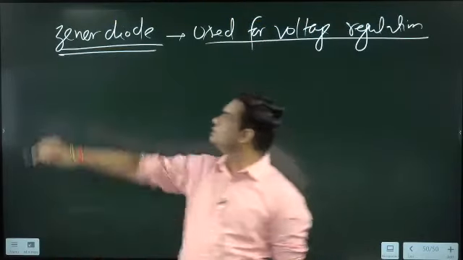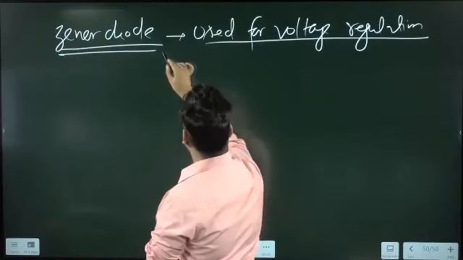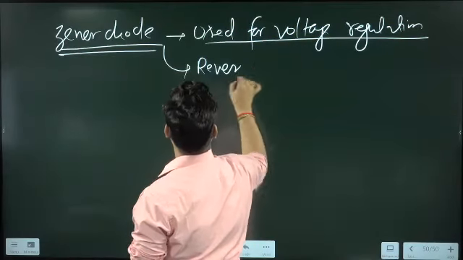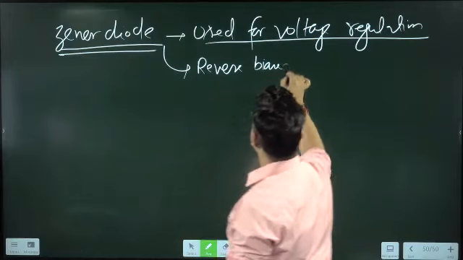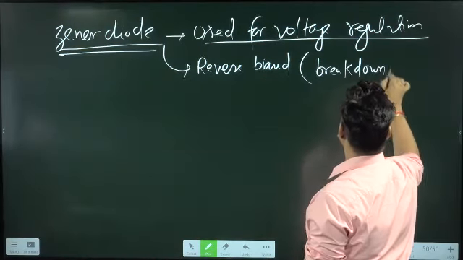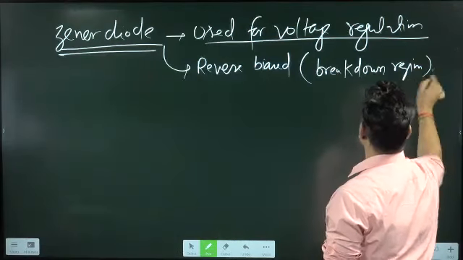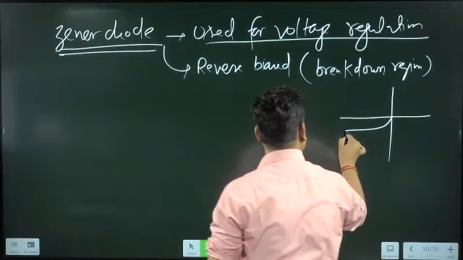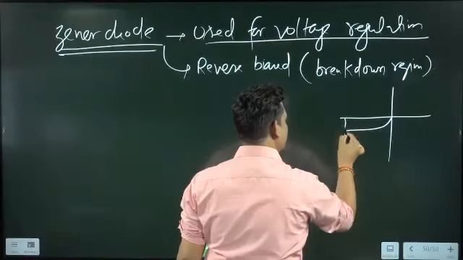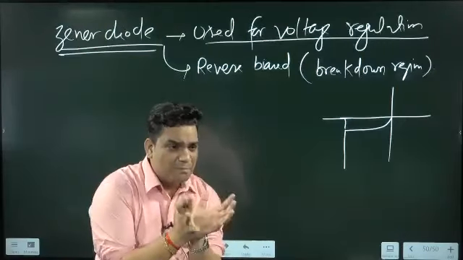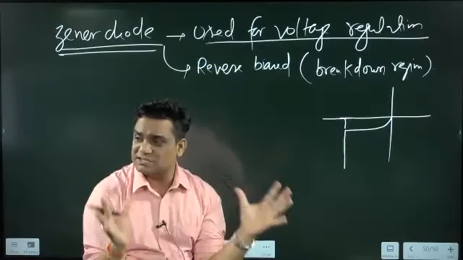Now we can write here, Zener diode is used for voltage regulation and is reverse biased. In reverse bias also, it is used in the breakdown region. In this graph, this is the reverse region, but here breakdown happens, meaning when you apply some high voltage the diode will have breakdown, so many carriers will be there.